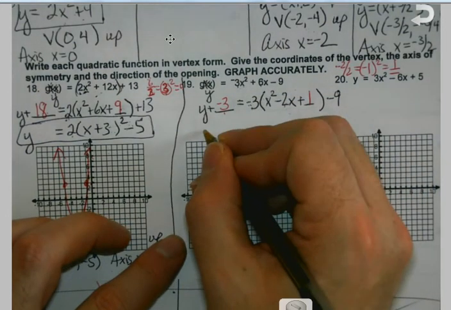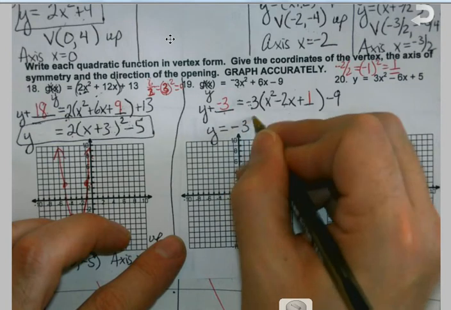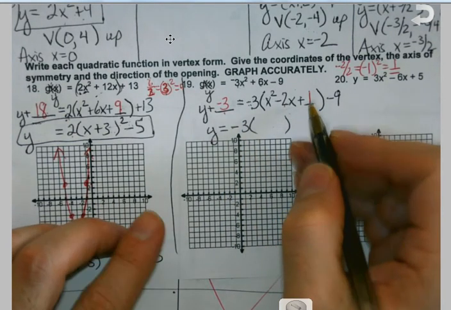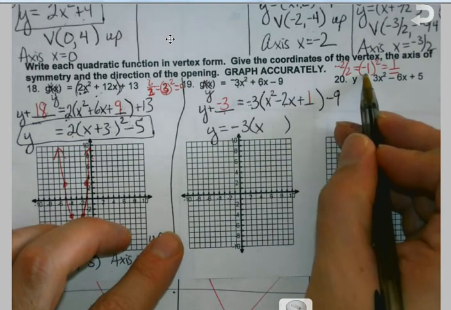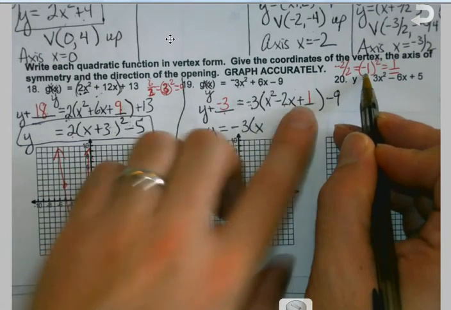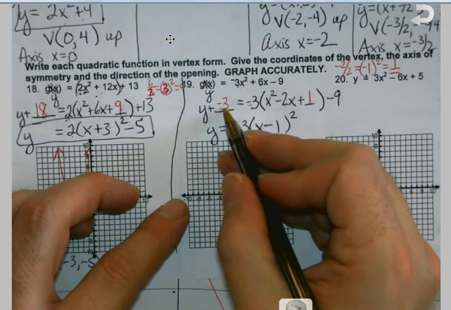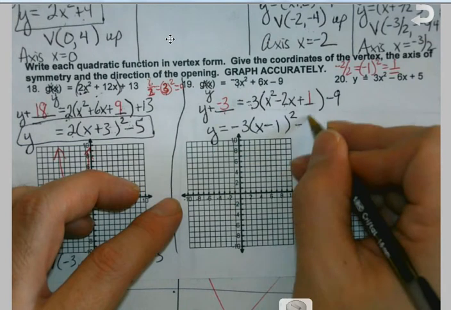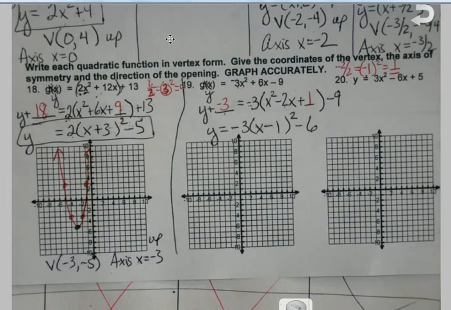And then the only thing I've got left to do is get my perfect squared trinomial into its binomial form, which again is just taking the x and my b divided by 2 number, or I could factor this. And then since we've got a y minus 3, same thing here, I'm going to add that over, which would give me a negative 6, and I'm into vertex form.